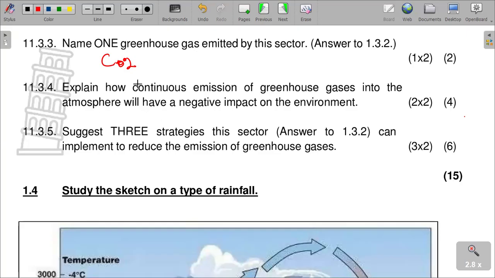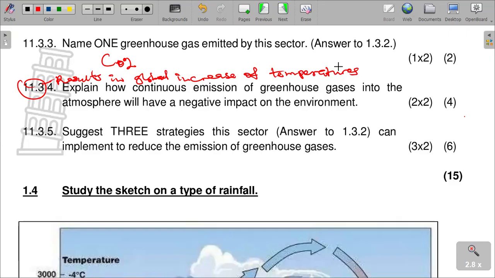One, it results in a global increase of temperatures, which is caused by global warming.